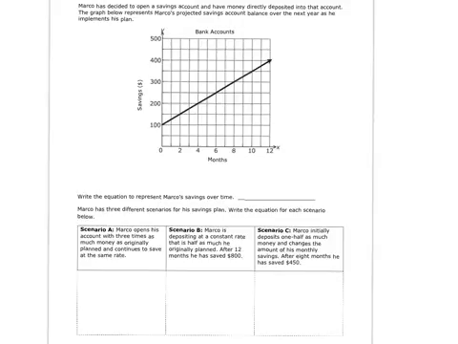So we want to write the equation to represent Marco's savings over time. Since I just have to write any equation, it doesn't say to write a point slope equation or a y equals mx plus b equation or a standard equation.